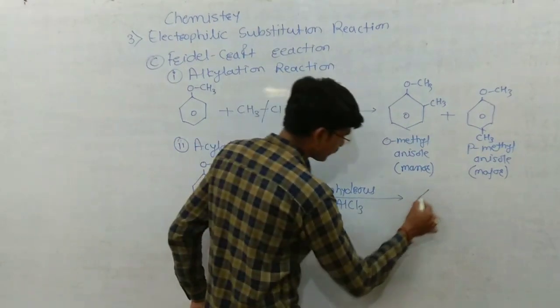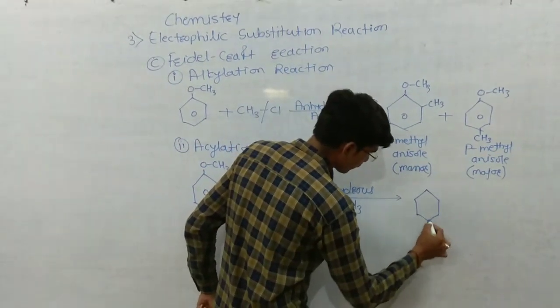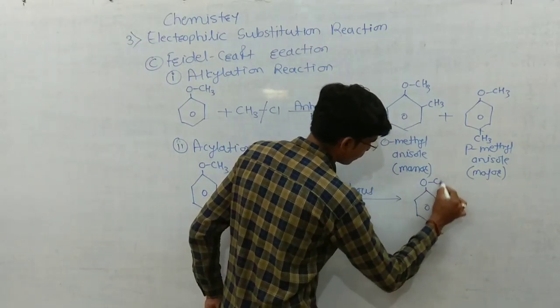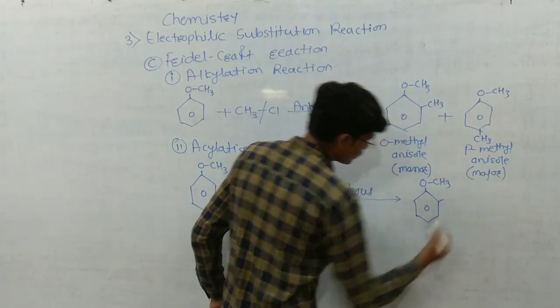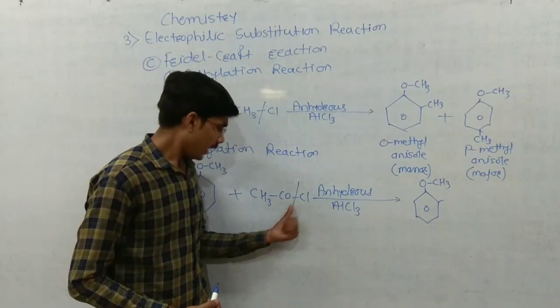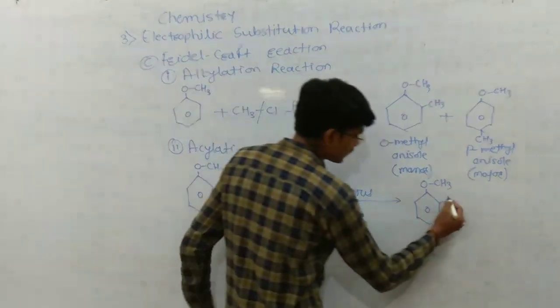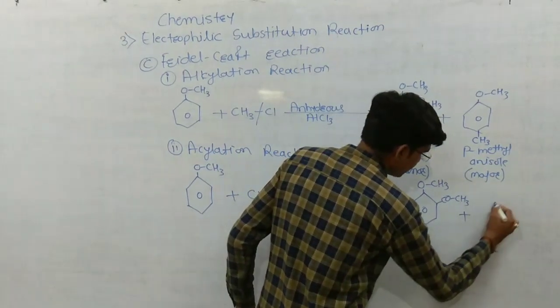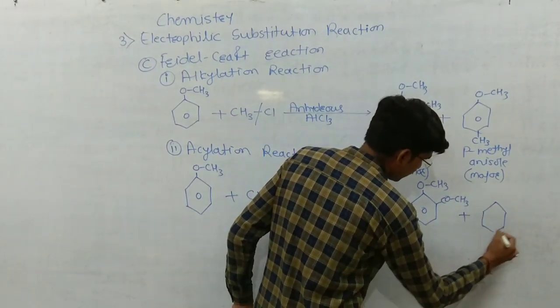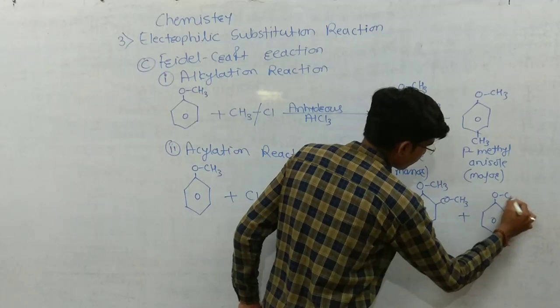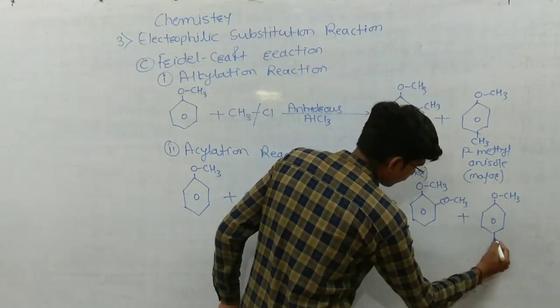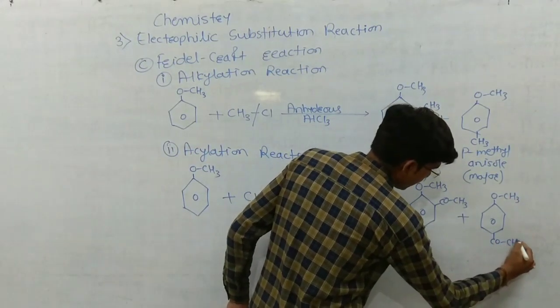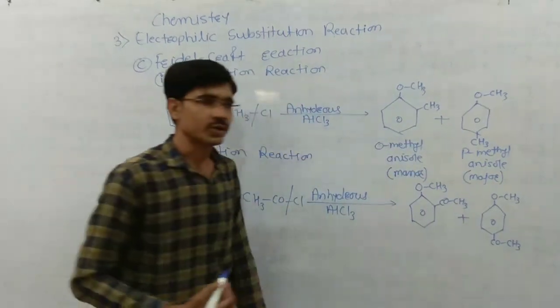We are getting compound here, anisole we have written here. At the ortho position, this CO and CH3 is added. And in second product, anisole we have written here. Then CO, CH3 added to para position.